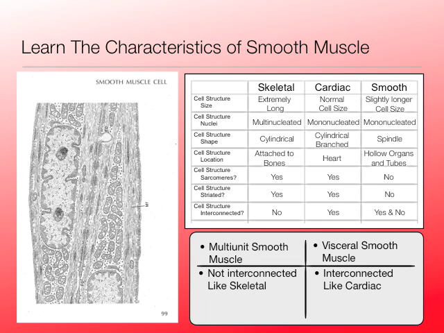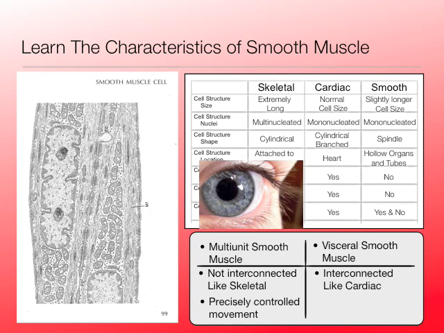Examples. Here, with this precisely controlled movement, this would be like the pupil of your eye. It has multi-unit smooth muscle in it. My brain is constantly adjusting the pupil of my eye in a very precise way to let just the right amount of light in so that my eye functions optimally.